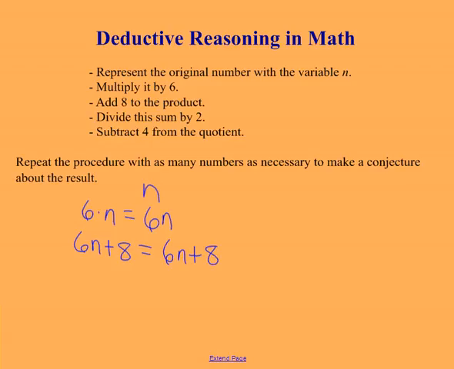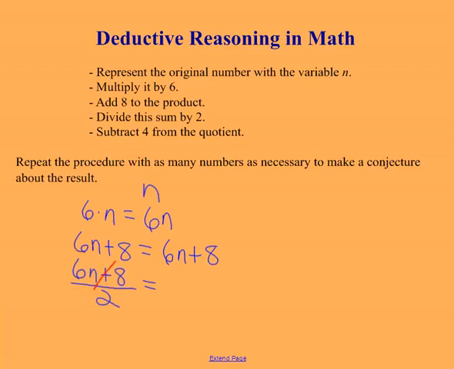Now, next step is divide this sum by 2. So 6n plus 8 divided by 2. We're dividing that sum, the whole thing, by 2. So again, using some algebra, you should remember that this 2 in the denominator applies to both terms in the numerator. So the first thing we have to do is 6n divided by 2. 6n divided by 2 gives us 3n.